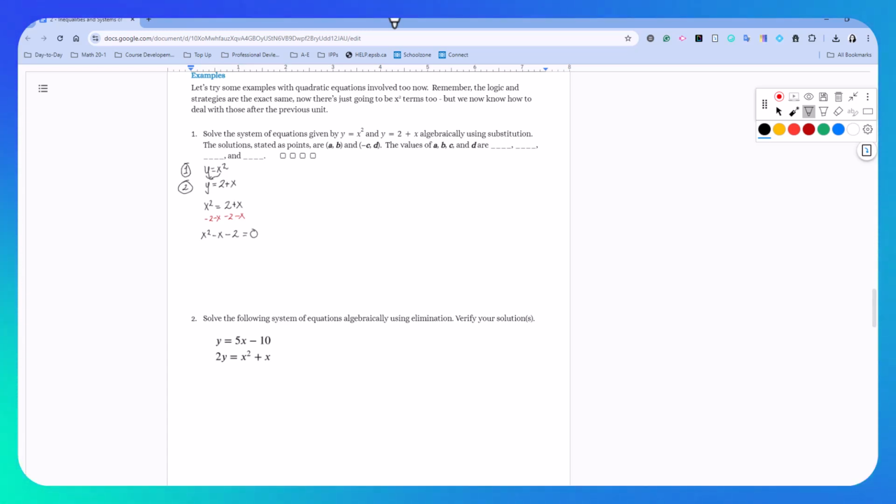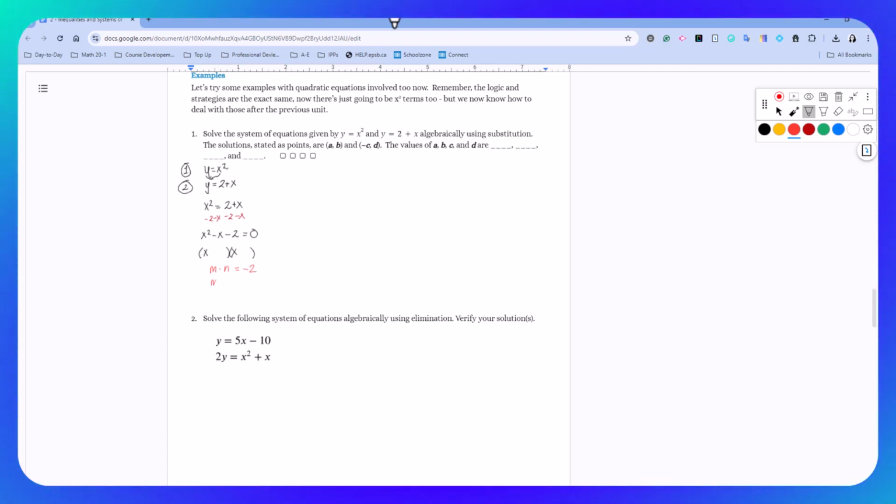Well, we know how to solve this too. We know how to factor this to solve for x. So we're going to look for two numbers, m and n, that multiply together to make the last c value, which is negative 2.